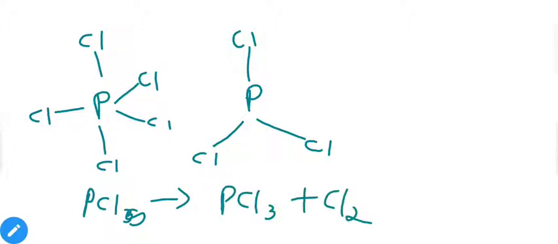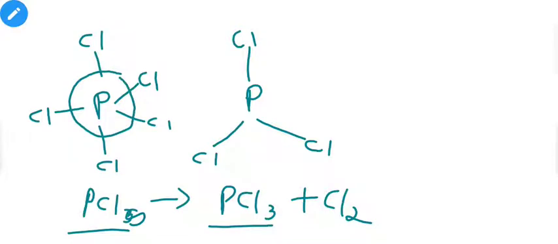So let us concentrate on PCl5 and PCl3. As mentioned for PF5, the same type of structure will be observed in PCl5. Both of them have exactly the same type of sharing of electrons. So as you can see, we have a total of 10 shared electrons around the phosphorus.